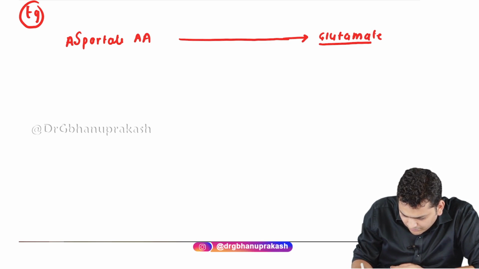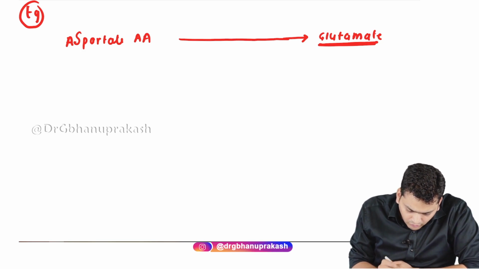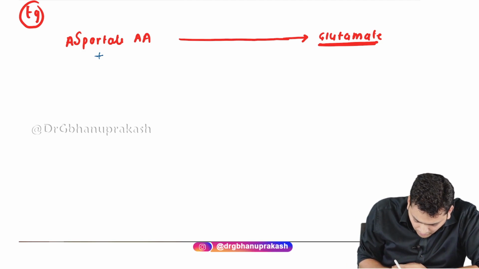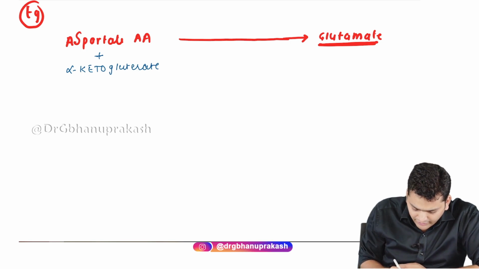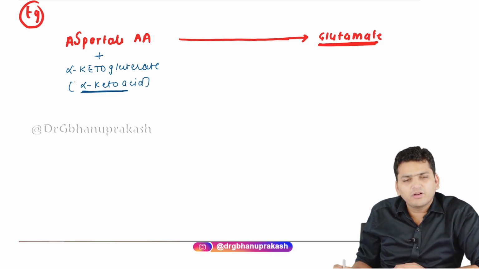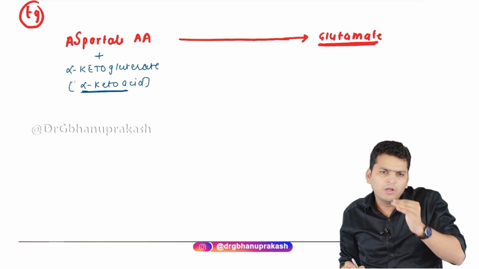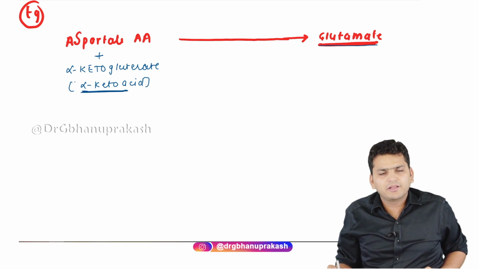In order to do that, we bring a molecule called alpha ketoglutarate. This alpha ketoglutarate is an alpha keto acid. So we transfer the amino group of aspartate onto the alpha ketoglutarate. If we transfer the amino group onto the alpha ketoglutarate, we will get glutamate.